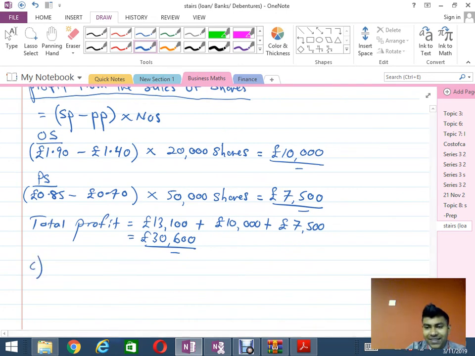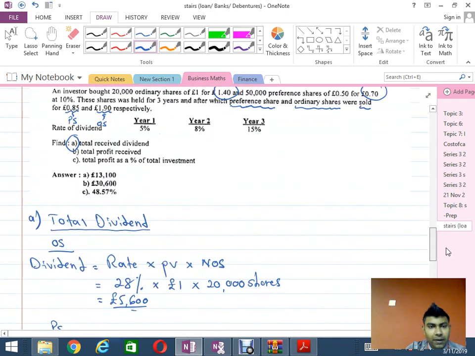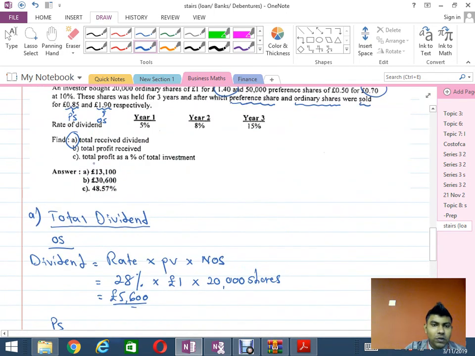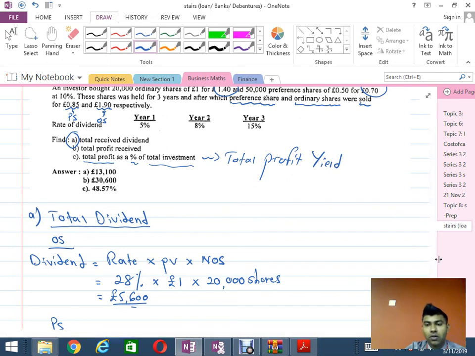In your part C, what do they want? Look at that. Total profit as a percentage of total investment, which is the total profit yield. That is the one they want.